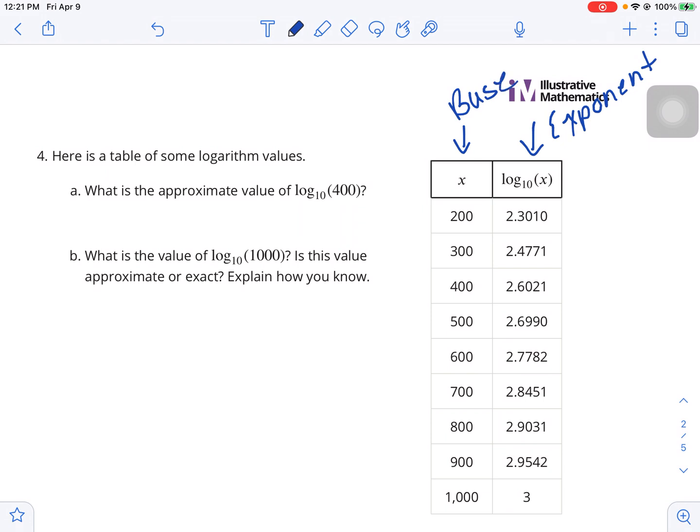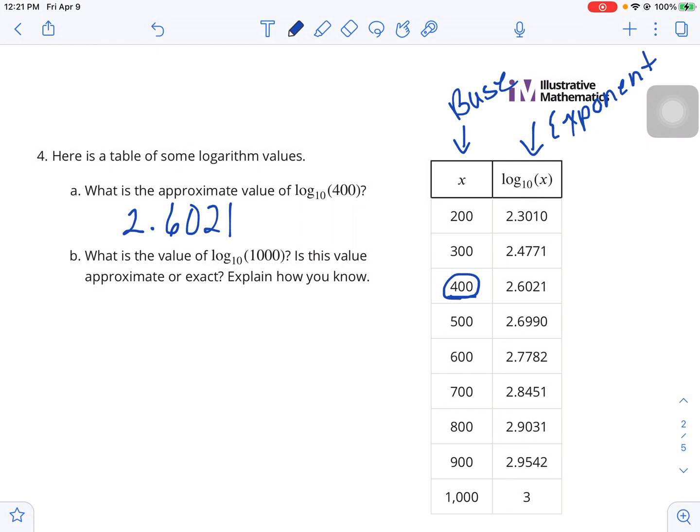And so if we look at log base 10 of 400, we're talking about the exponent we would use with a base 10 to get 400. And so our exponent would be 2.6021 in this case.